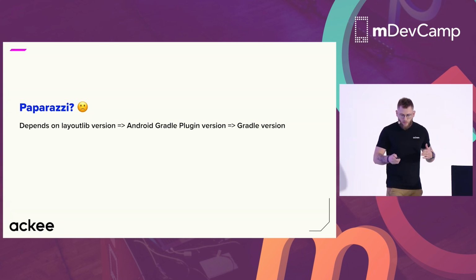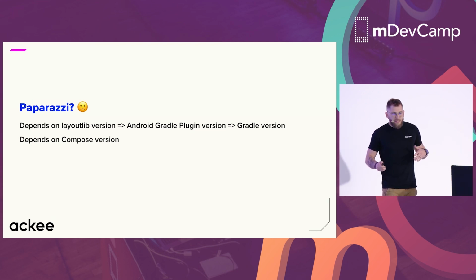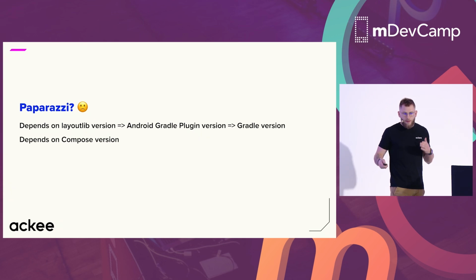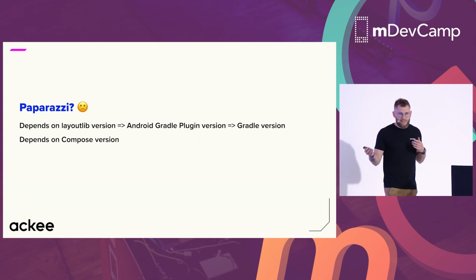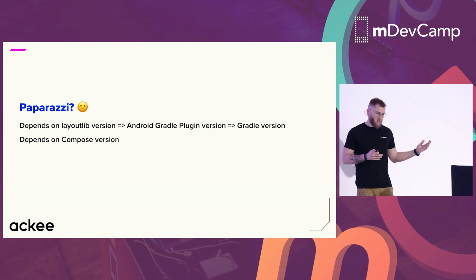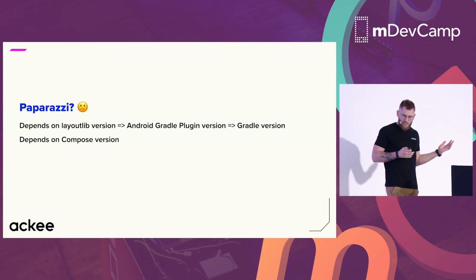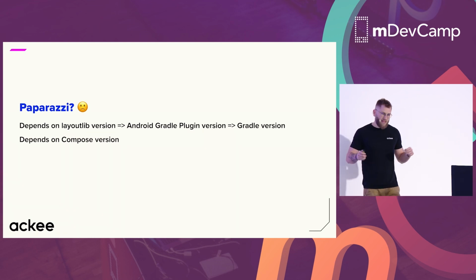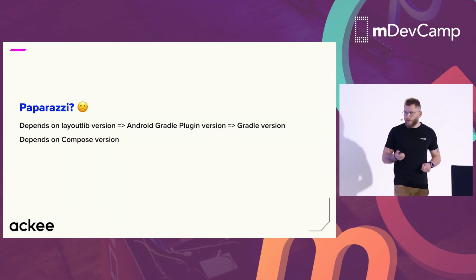So that's one thing. Another is that it also depends on a Compose version. And every time we updated any of this, the tests started to fail for some unknown, cryptic reason, or it didn't compile, or we needed to perform some hacks through reflection to actually make it work.